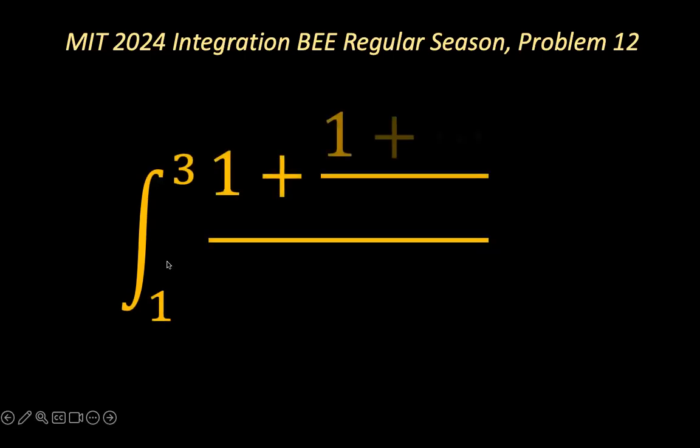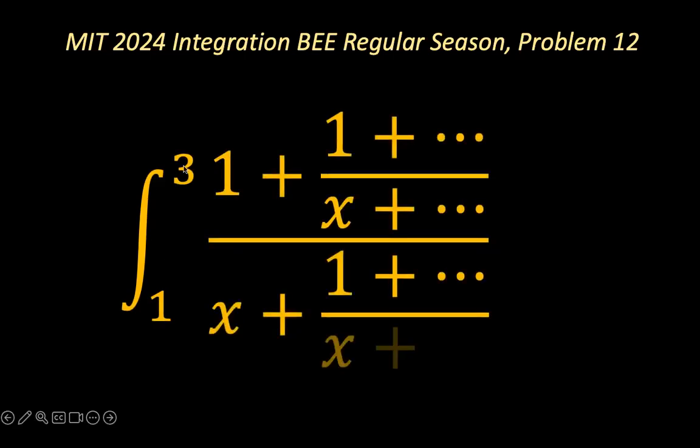So today's problem is problem number 12 of the MIT 2024 Integration Bee regular season. Very interesting problem, and that is the definite integral from x equals 1 to x equals 3 of 1 plus 1 over... it's more of a nested fraction. 1 plus continuous over x plus dot dot dot, all over x plus 1 plus dot dot dot over x plus dot dot dot, and it continues on and on.